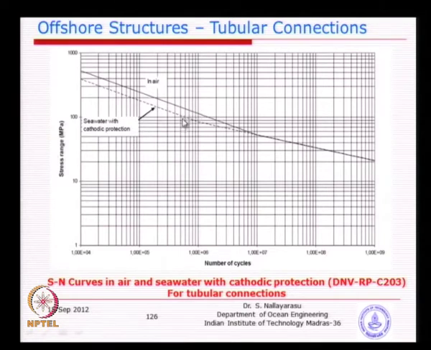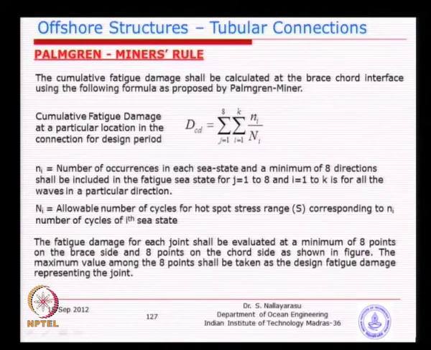And there are actually two lines shown here, seawater with corrosion protection. So, the tubular joints underwater, also protected against corrosion, have a slightly lower stress range compared to the same joint in air, that means above water. So, basically that is the idea behind it.